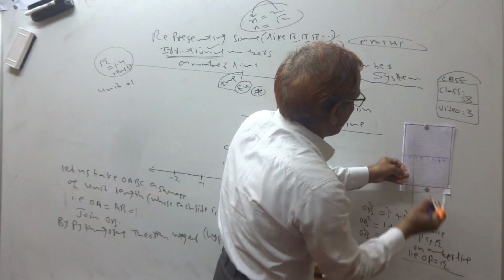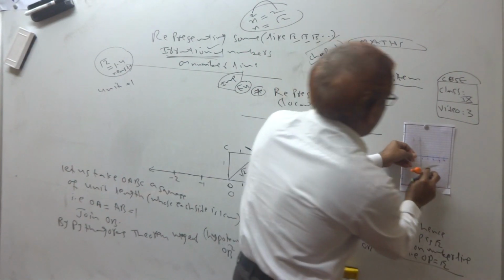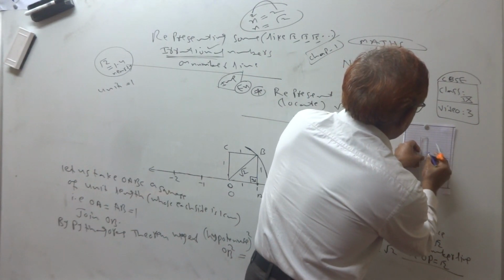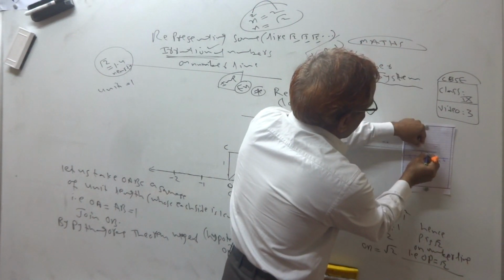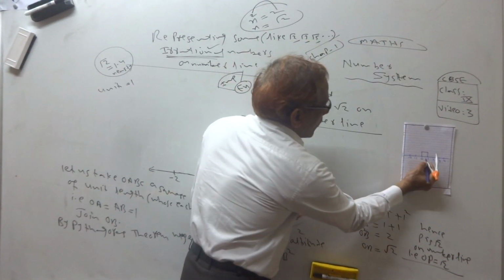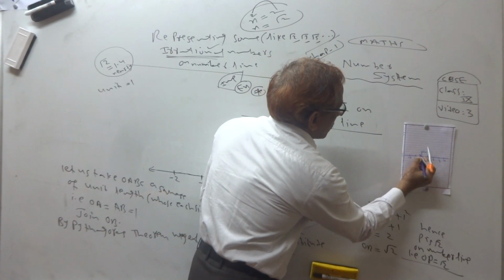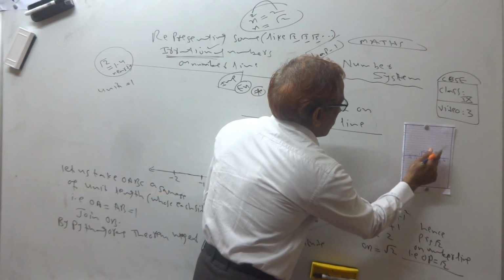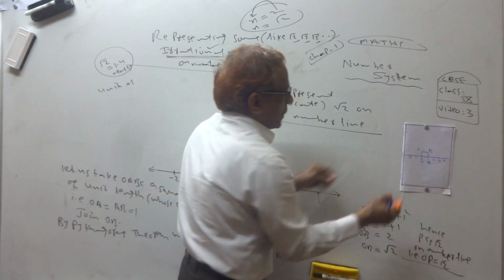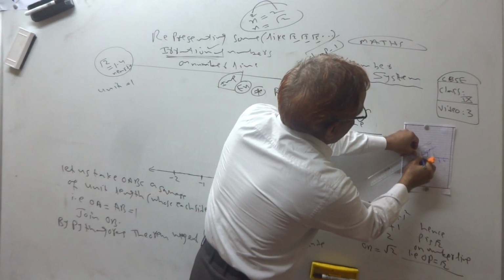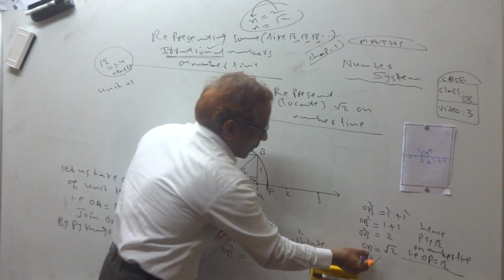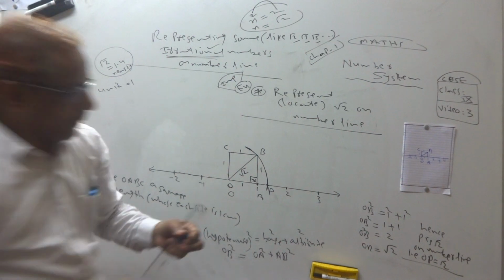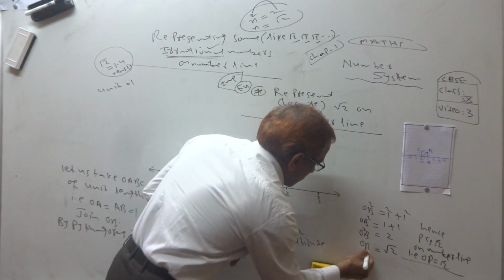Then at 0 you make a square of the same size, of unit length. So this is 1, this is 1. The vertices are O, A, B, C. You join OB. What do you get for OB by Pythagoras theorem? OB is root 2.